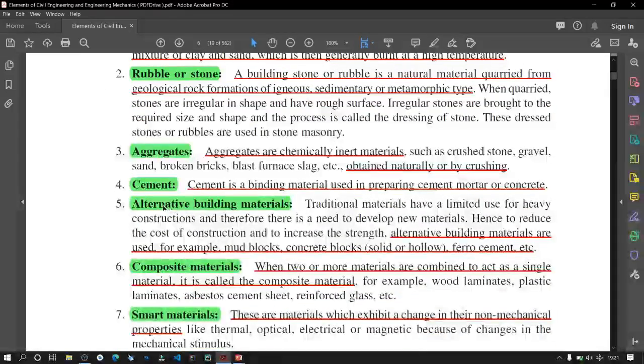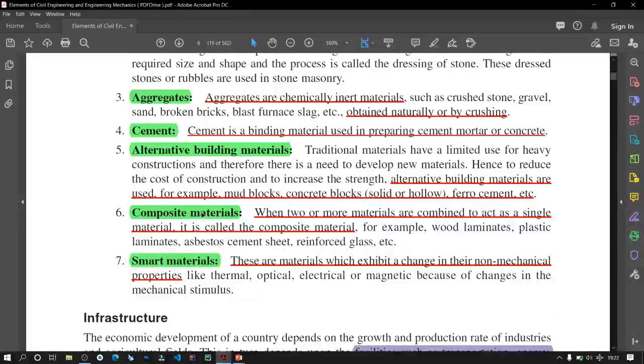Then alternative building materials are like pipe. There are some places where we can't use bricks, and many other places, sometimes we use iron only. So these are alternative building materials. We use some in Jammu Kashmir, in cold areas.